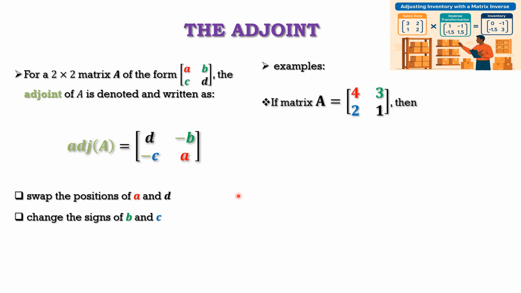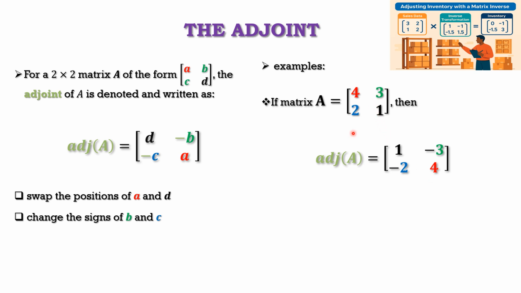So for example, if I have a matrix A equal to 4, 3, 2, 1, then the adjoint of A will be equal to, so now let's look at where 1 is. It will take the position of the 4. Here it is. And the 4 will also take the position of the 1. Here it is.